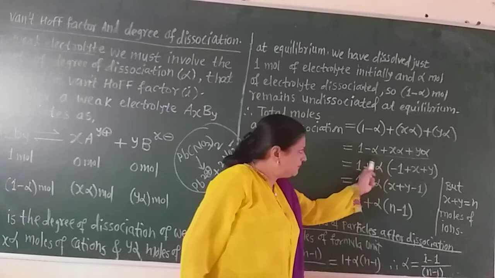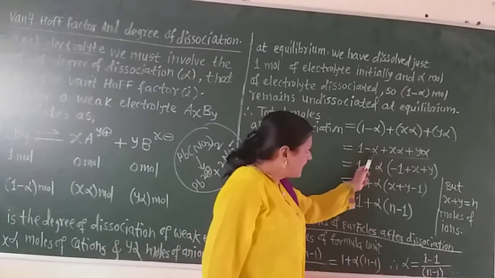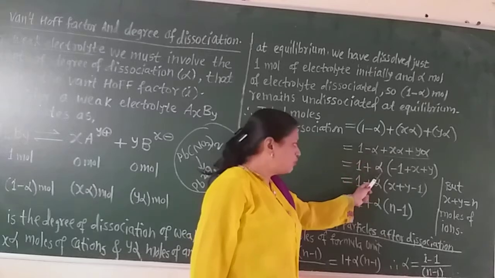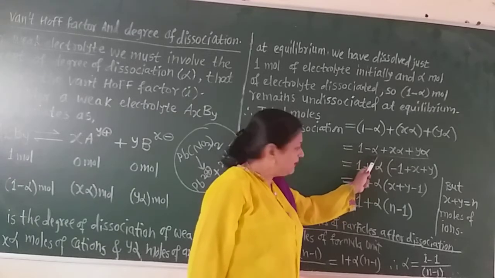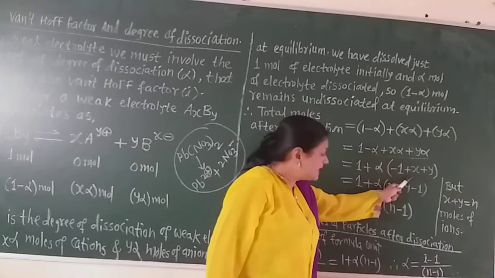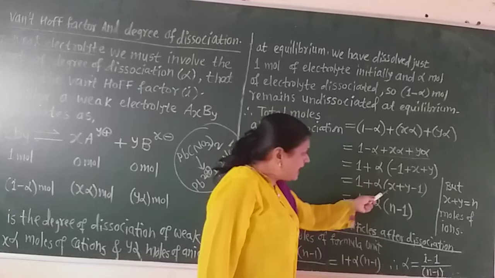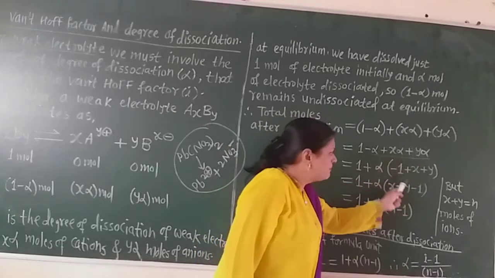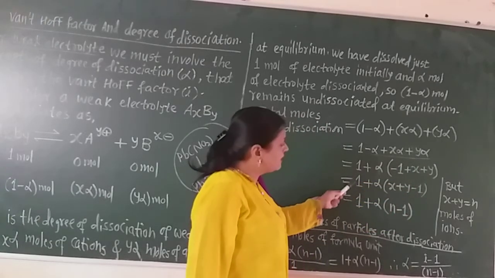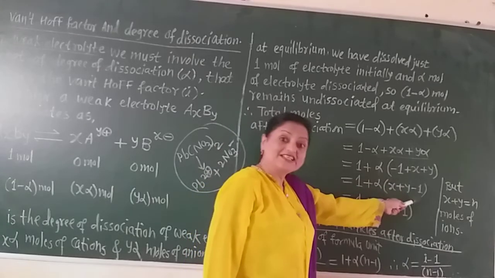What is remaining in the bracket? Minus 1, because we take alpha out as plus. So in the bracket, minus 1 plus X plus Y, because alpha is common. Now adjust this as X plus Y minus 1. So it becomes 1 plus alpha times (X plus Y minus 1).